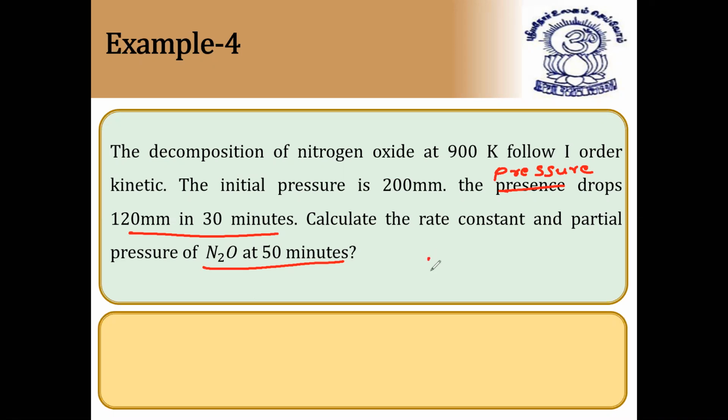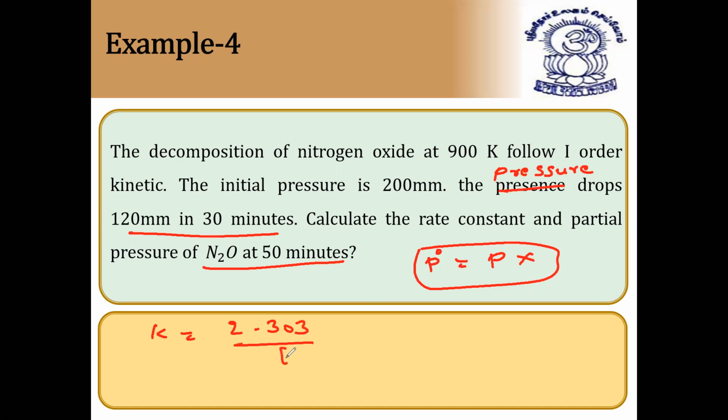To find partial pressure, partial pressure is equal to total pressure into mole fraction. First we can find out K. Rate constant K is equal to the same formula, 2.303 by t, that is 30 minutes, into log of P naught, the initial pressure, by P initial minus P final, that is Pt.